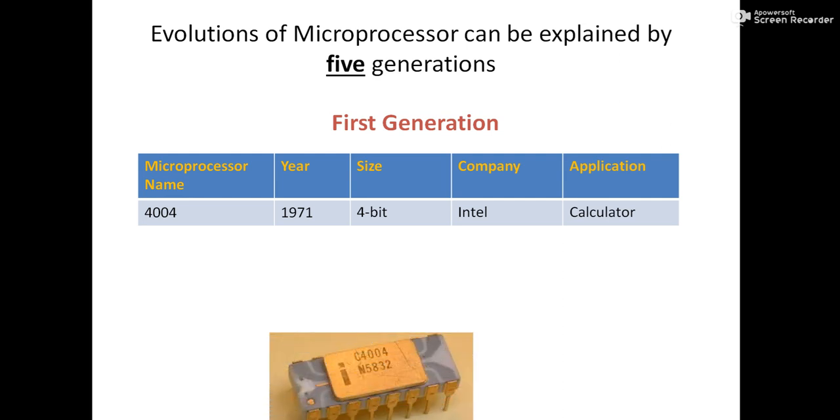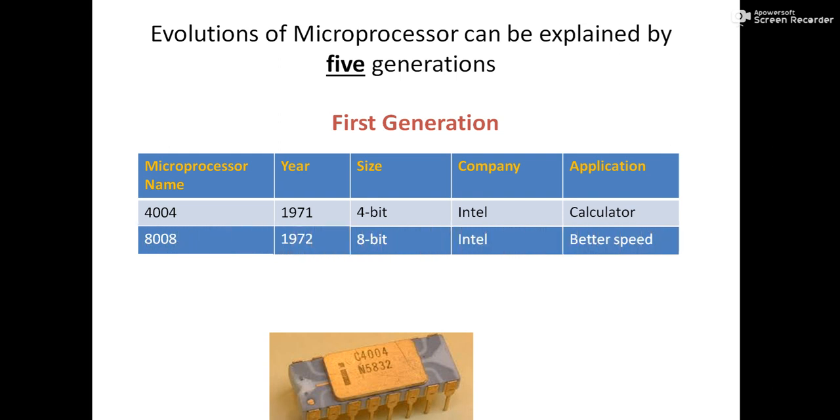Now you can see the image of a 4004 microprocessor. After this processor, Intel introduced 8008 microprocessor in the year 1972, which is of 8-bit. You can see the size was increased for this microprocessor, and as size increases, its speed also increases. So obviously this processor was having better speed.